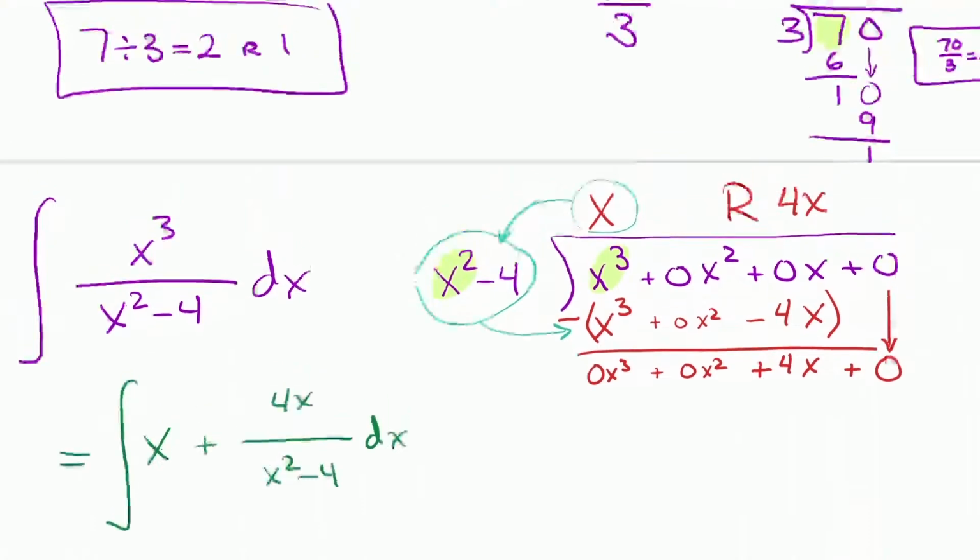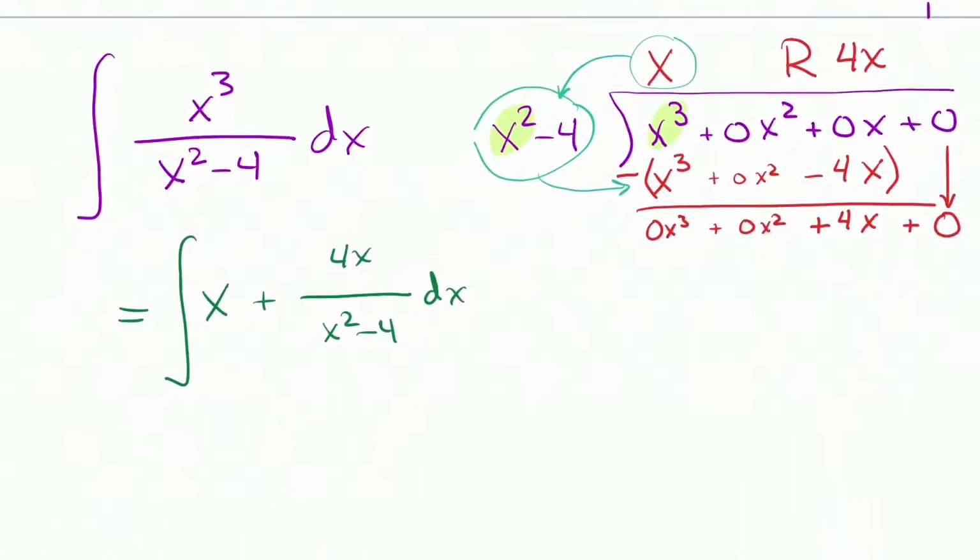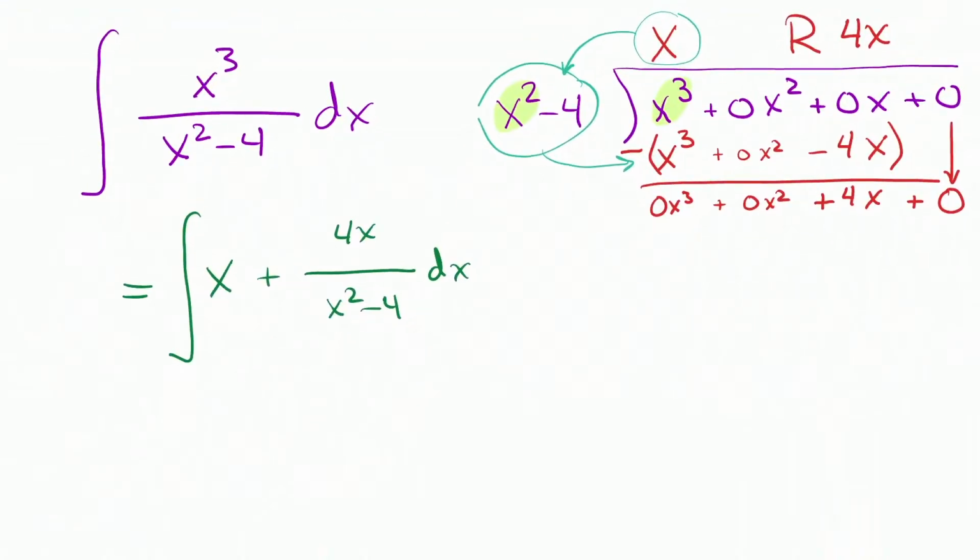So just as up here, when I got 70/3 is equal to 23 plus the remainder over 3, here I have this stuff is equal to the quotient plus the remainder over the denominator. So let's put it all up there, see if that makes sense.